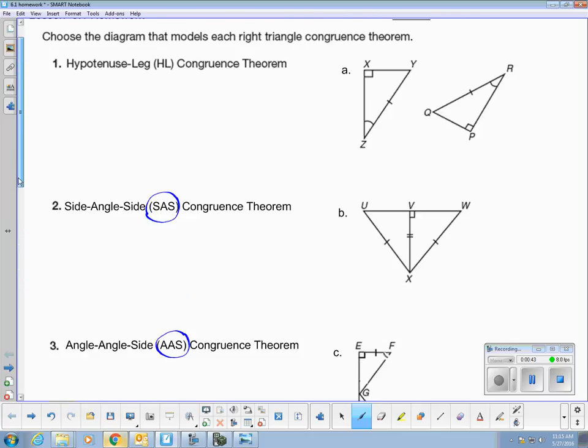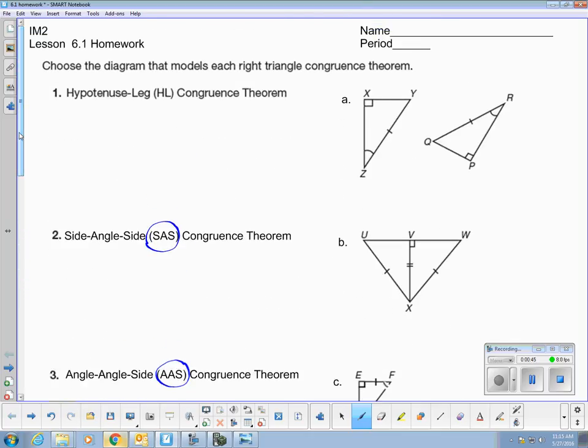In IM2, we have a new congruence theorem called hypotenuse leg. Hypotenuse leg works only for right triangles. So if I'm looking to the right, I notice that in the letter A we have right triangles.